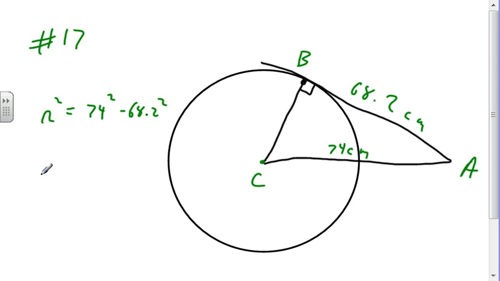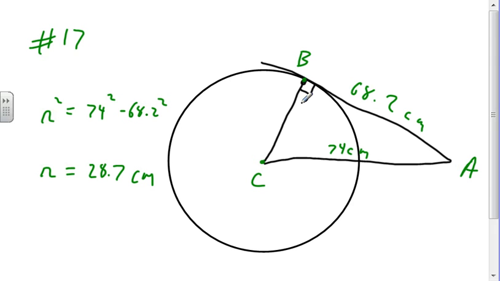So R is equal to the square root of 74 squared minus 68.2 squared. On the calculator, that's 74 squared, minus 68.2 squared, equals, second function, square root, second function answer. 28.7 centimeters. So this is tangent, we have a right angle. Once we have a right angle, we can do right angle stuff with it, which means the Pythagorean theorem works.